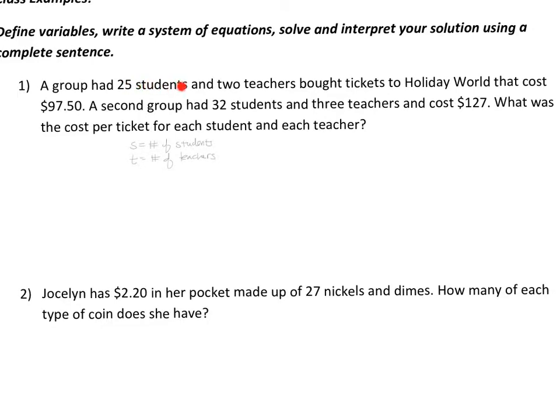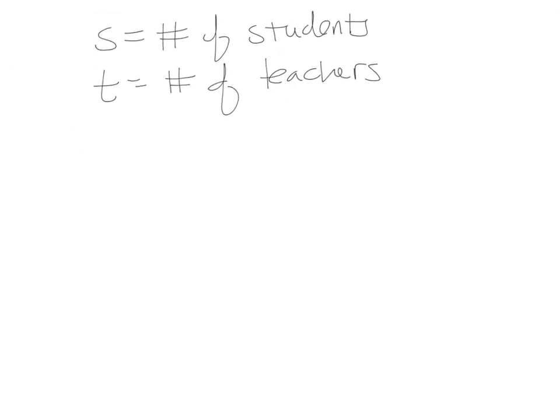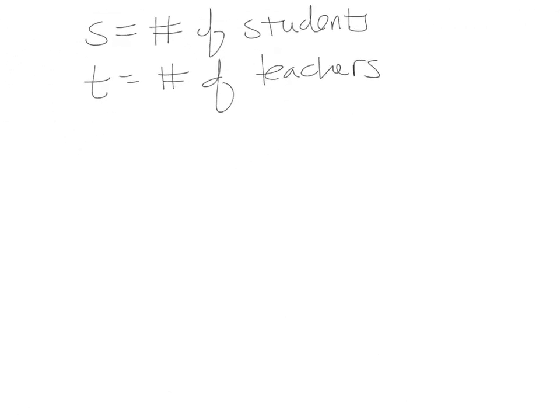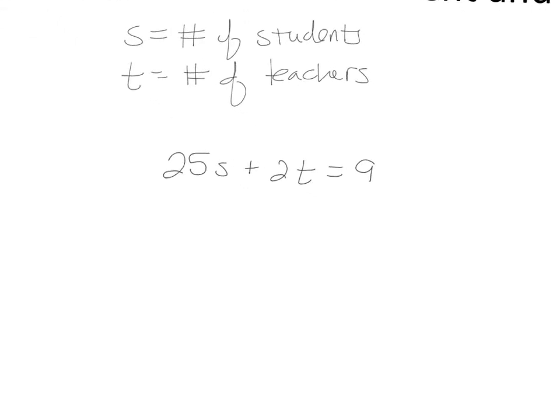It says 25 students and 2 teachers, and their total was $97.50. So just write that down: 25S for students, plus 2T, and your total is $97.50. Okay, so 25 students, 2 teachers, and their total was $97.50.